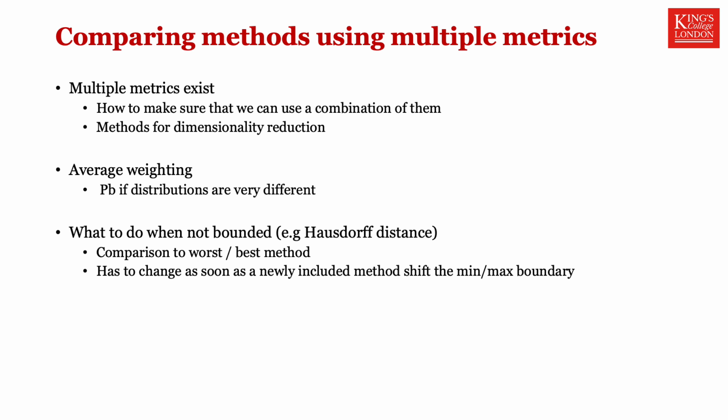So sometimes when it's not bounded, what people do is divide by the worst method or the best method, according to which direction the metric is going. But the small issue with that is that as soon as you try a new method, it needs to be included, and it will shift the min-max boundary. So those are potential solutions, but they are usually not optimal.